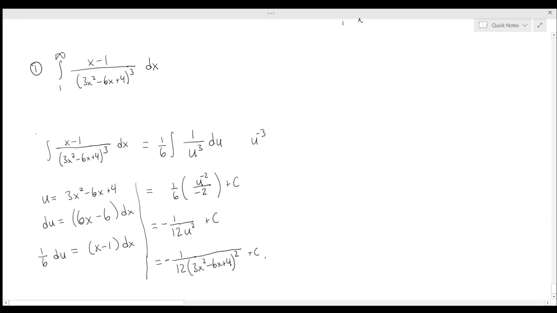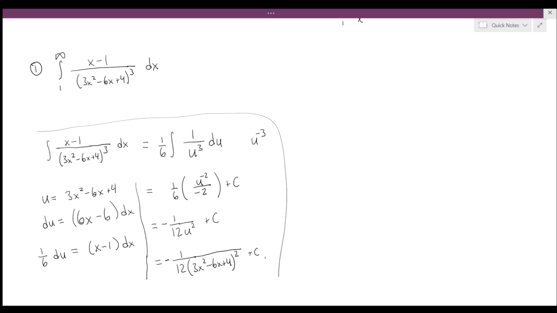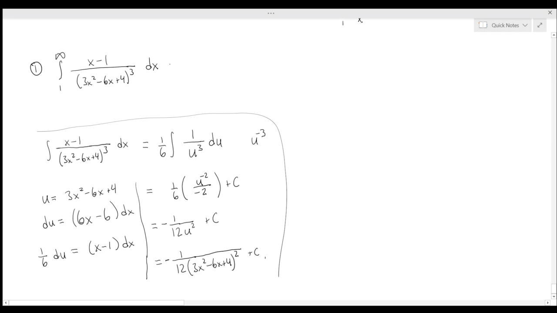All right, so now that I've evaluated the indefinite integral, I'm just going to take my result and plug it into here. So we had the negative 1 over 12. I think I'll actually separate the negative 1/12 from everything else now.